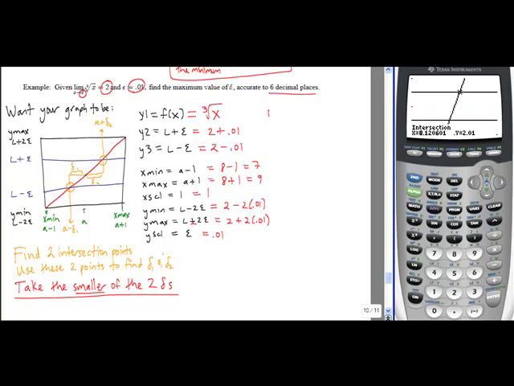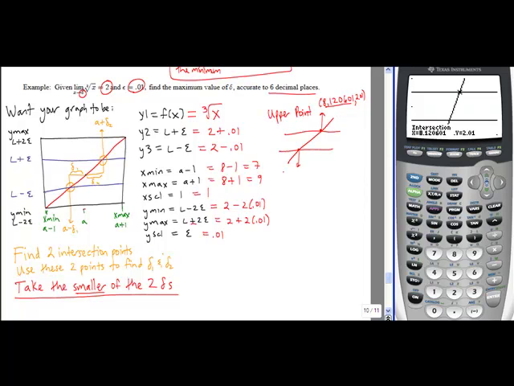So the upper intersection point in my little picture here is 8.120601, and you don't need to worry about the y value because we know that that's at that horizontal line. It's really the x value that we're interested in.